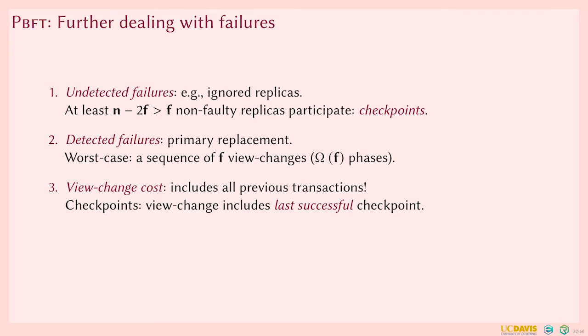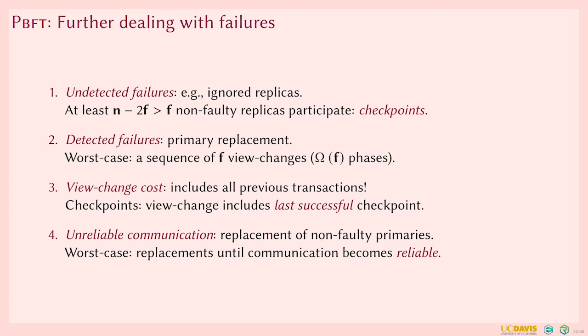Of course, the view change itself is a very costly process, because these view change messages are really big, and in practice we want to reduce that. A very easy way to do that is to not do view changes from the start, but view changes since the last checkpoint, and that's what most practical implementations do.